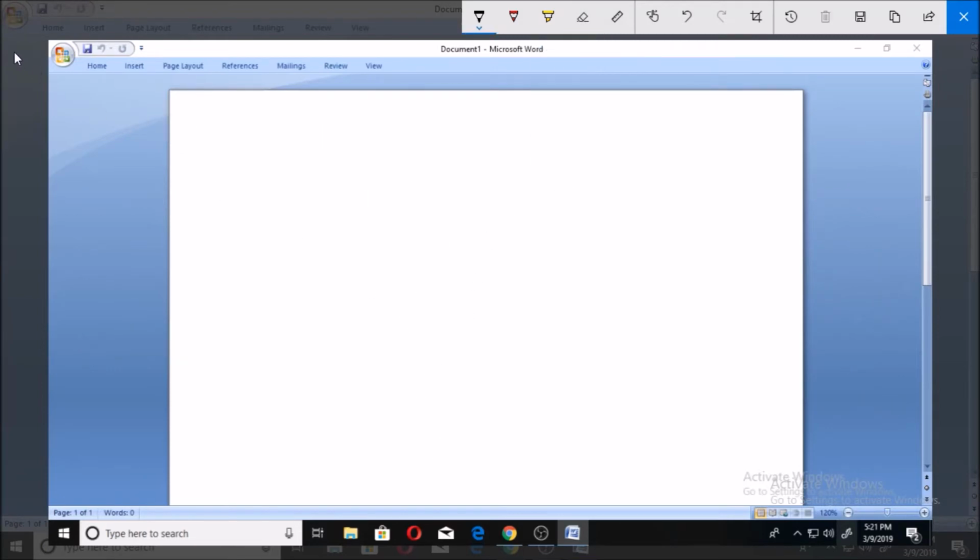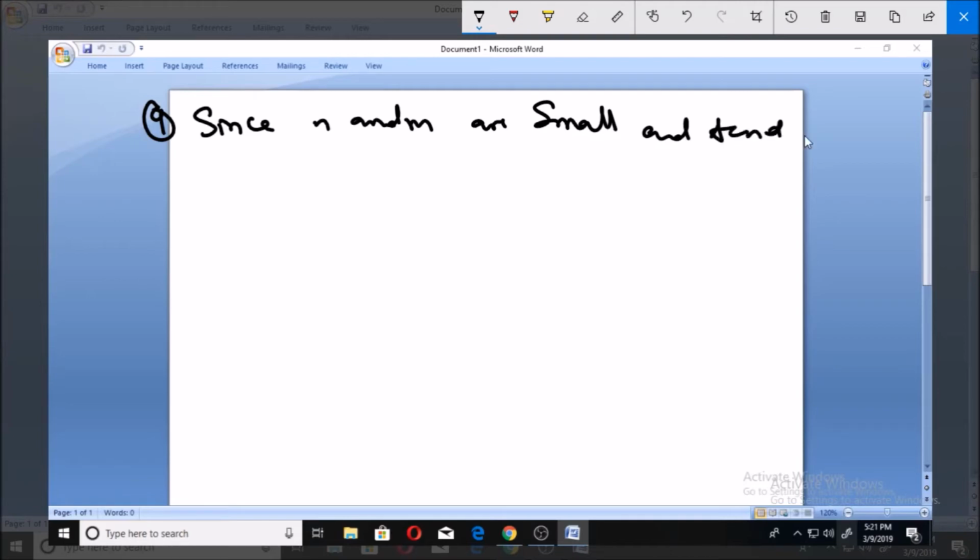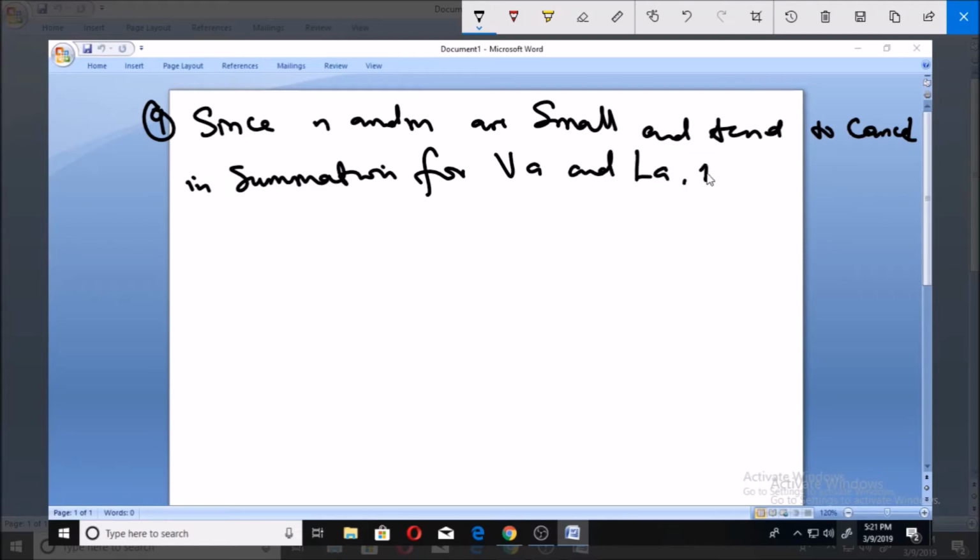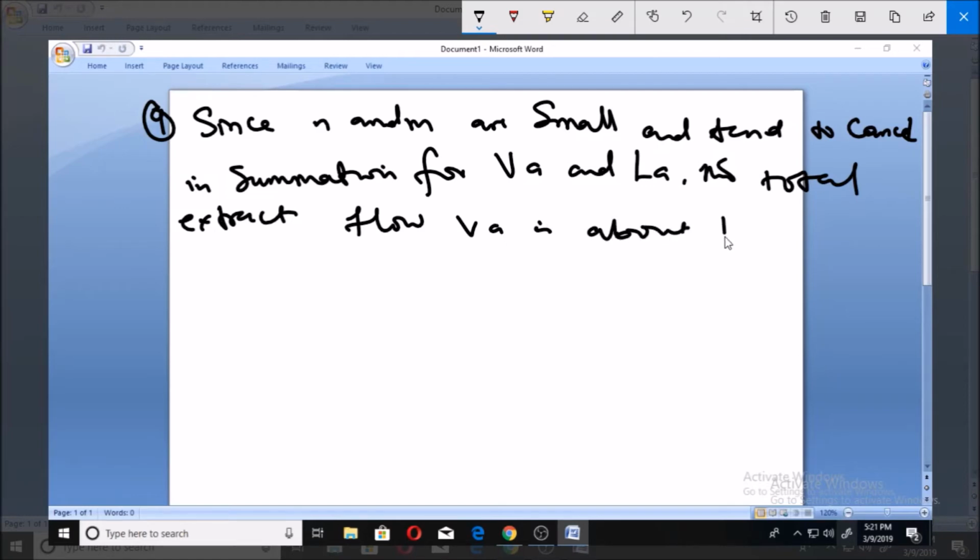So having gotten the material balance, we'll now move to the ninth thing to do, and that is saying that since N and M are small and tend to cancel, they are very small, so they tend to cancel in summation for VA and LA, the total extract flow VA is about 140.